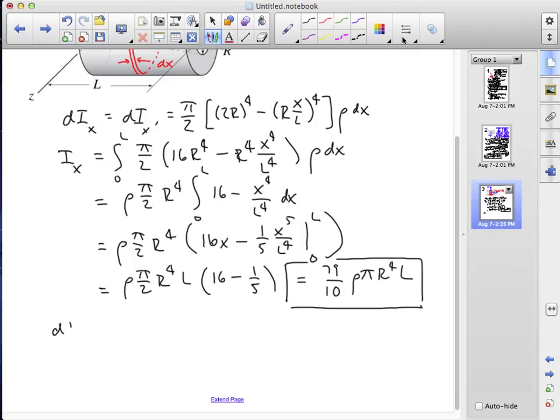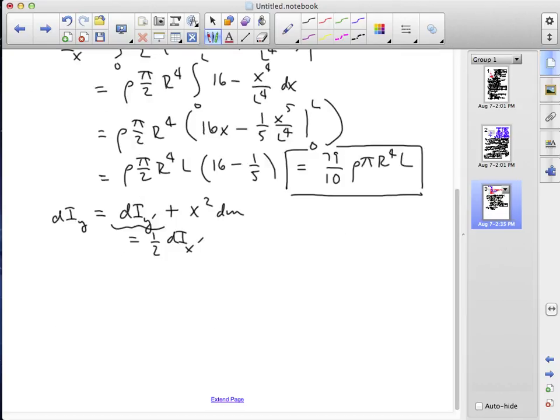To construct an increment of mass moment about the y-axis, that will be the increment of mass moment about the center of mass of the differential element plus the parallel axis offset, which will be x squared times the increment of mass dm. And again, because this is a disk element, I know that the mass moment about the local y prime axis will be 1/2 the mass moment about the polar axis or the x prime axis, and again that's a consequence of the relationship between the area moments.